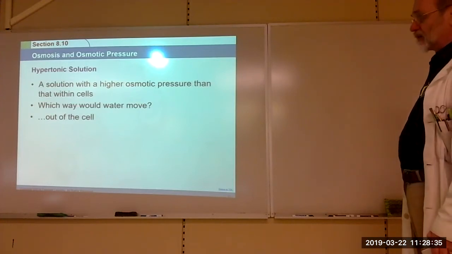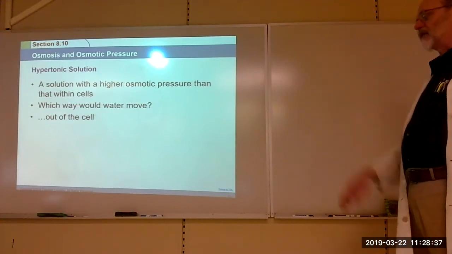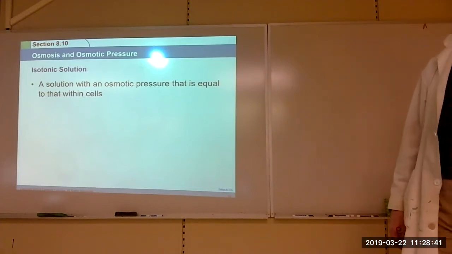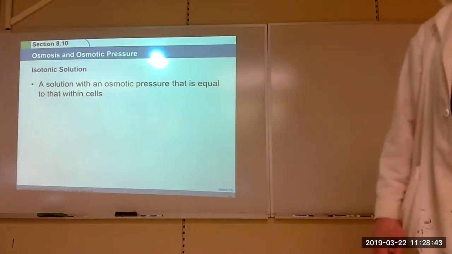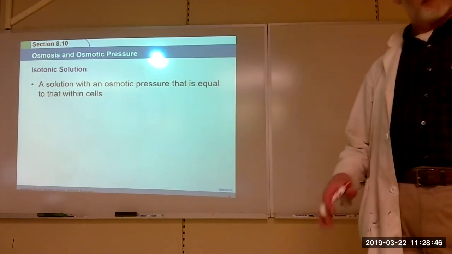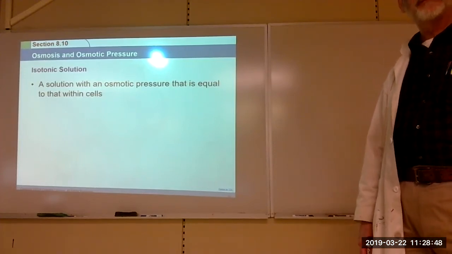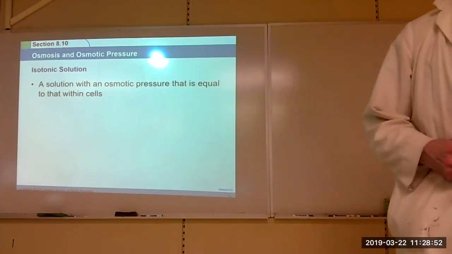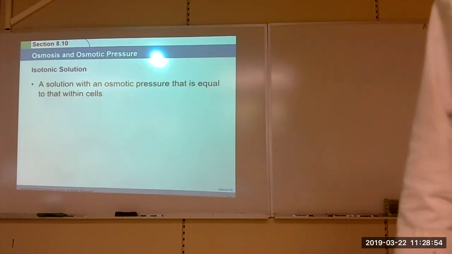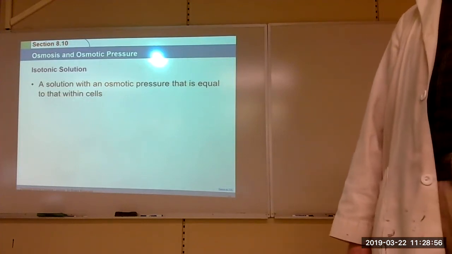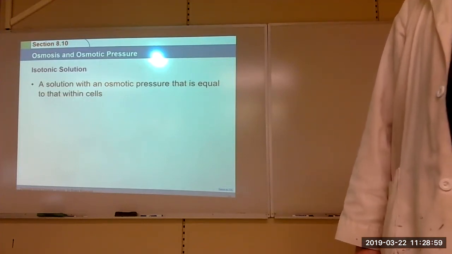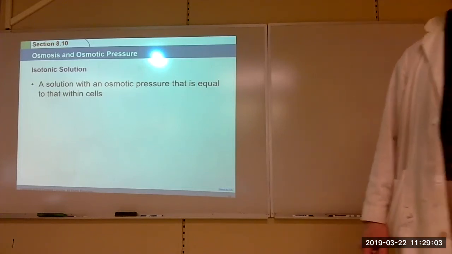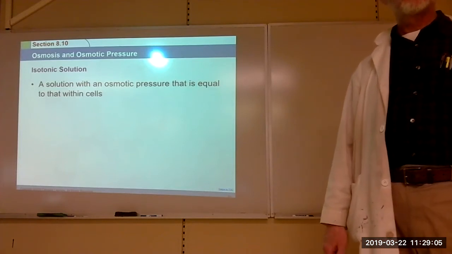So for a hypertonic solution, you get water moving out of the cells. And the isotonic is ideal for your patients. Injecting them with an isotonic solution is safer than either of the other two. Now, I've talked to EMTs and ER nurses who say that sometimes you need to inject a hypotonic solution.